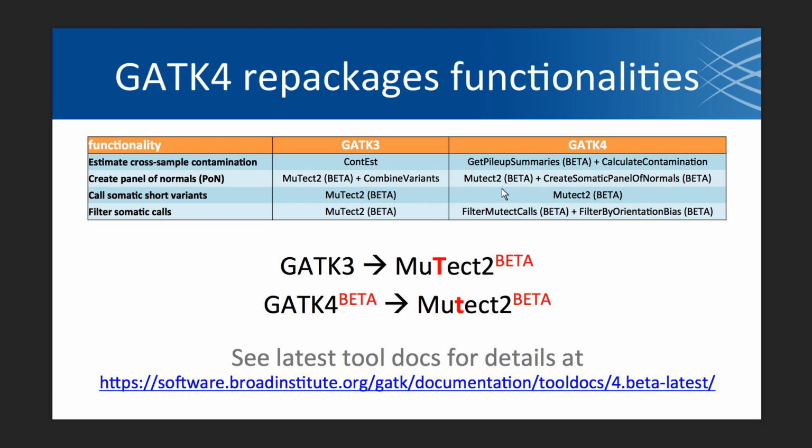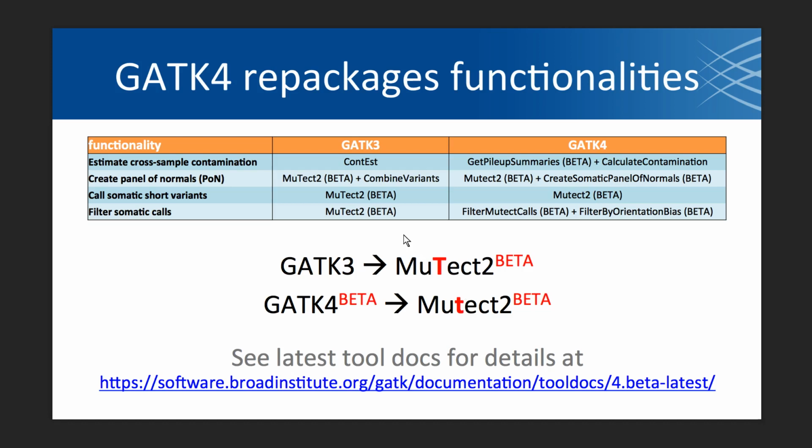And in both versions of GATK, to call somatic short variants we're using MuTect2, but they are different. One of them capitalizes their T and the other has a lowercase t. And that's to make sure you're using the right tool. Otherwise your scripts will fail because the tools are actually pretty different.